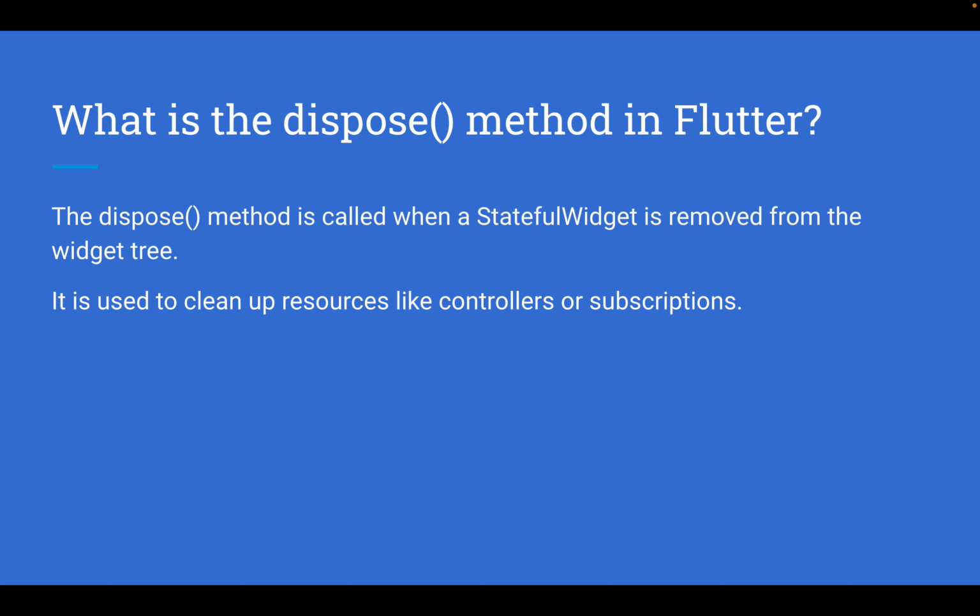The dispose method is called when the stateful widget is removed from the widget tree. It is used to clean up resources like controllers or subscriptions. We are using controllers, TextEditingControllers, AnimationControllers, and any other controllers. So we override the dispose method and dispose the controllers in this method.